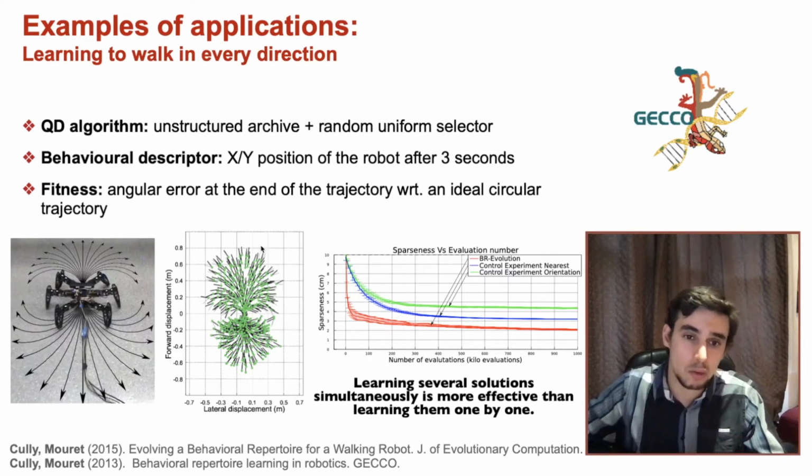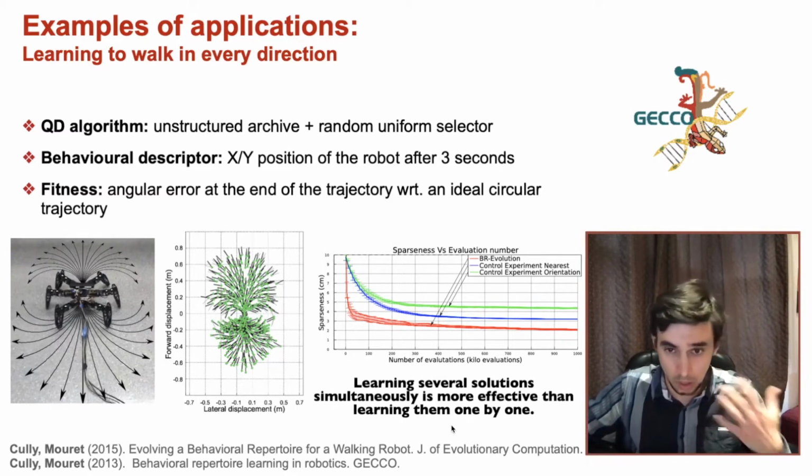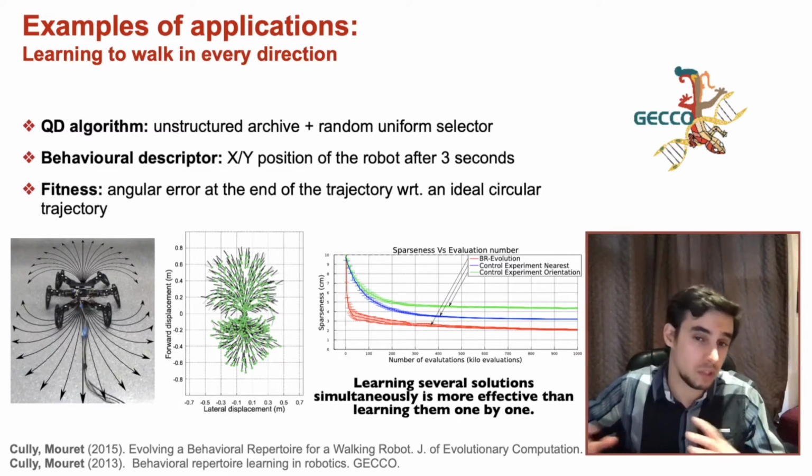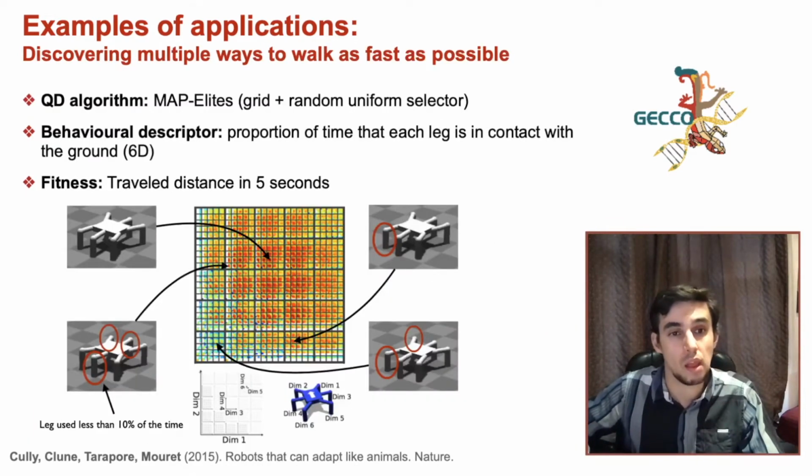Here the sparseness represents the uniform coverage, how good the coverage of the reachable space is. You can see that using a BR evolution algorithm, which is a quality diversity algorithm, is significantly faster than trying to learn each solution one by one with independent learning processes.